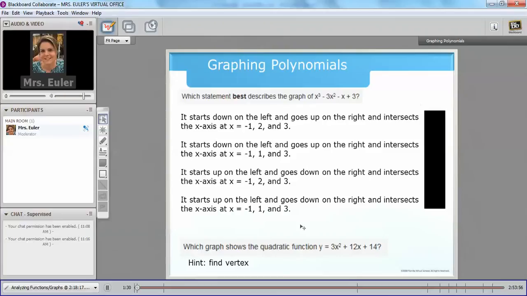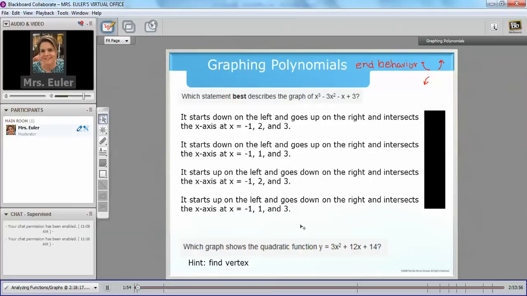So when you're graphing polynomials, it is important to keep in mind a couple things. Two things are going to be important to you. Number one, the end behavior, which comes from determining what the ends of the graph look like. Are they going upward, downward, that sort of thing.